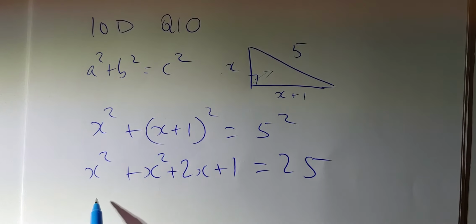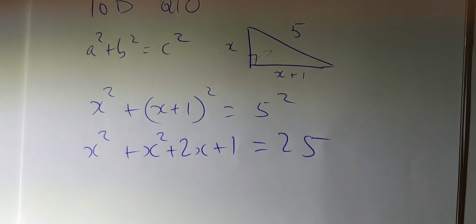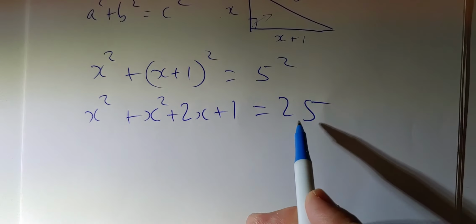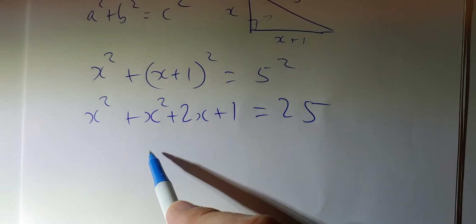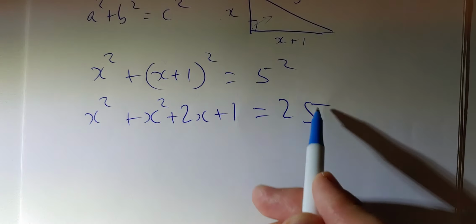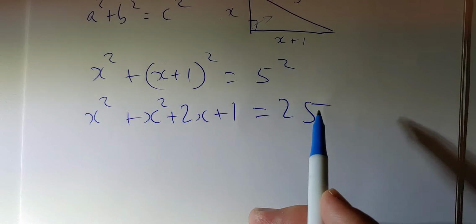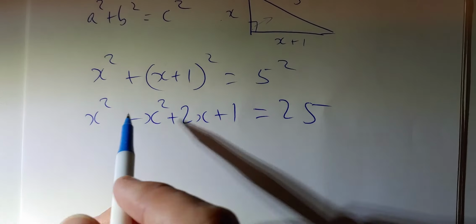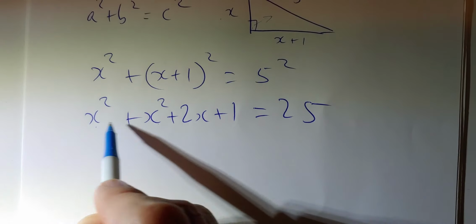I can do this in 2 steps actually, make this slower. I'm going to take 25 from both sides to get a 0, because we can't solve it unless one side is a 0. And in the same move, I'm going to add these two x squareds together.